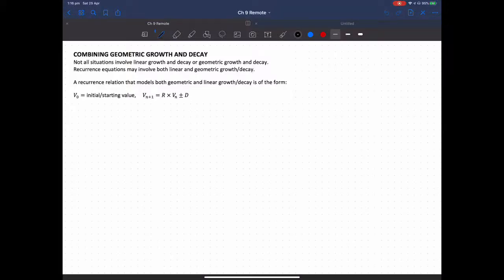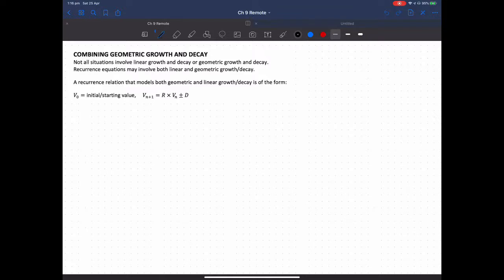Previously, we've been looking at functions that were linear growth, that is, they were increasing or decreasing by the same amount each time period, or we've been looking at geometric growth and decay where things were increasing or decreasing by the same percentage amount for each time period.